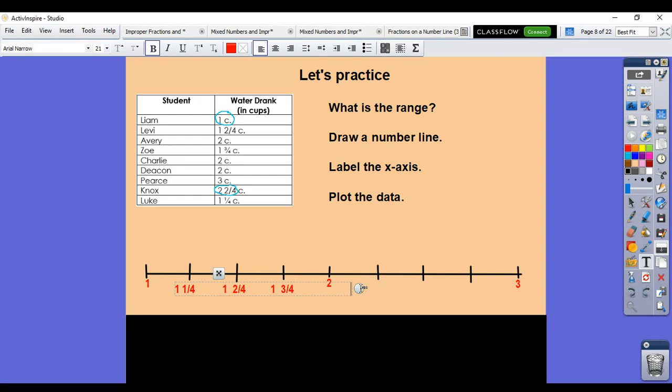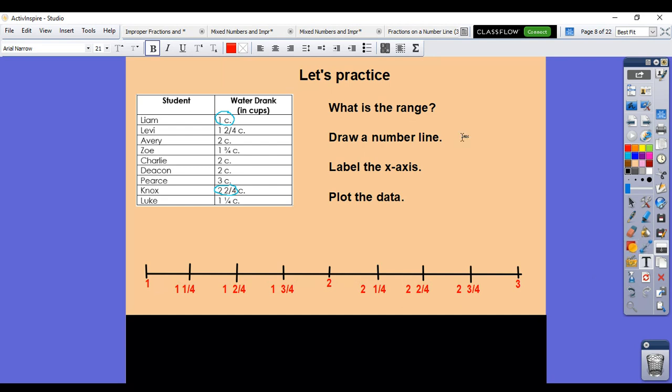Okay, so I have 2 and 2 1/4. 2 2/4, same thing as 2 1/2. 2 3/4. And then 3, which would be like saying 2 4/4.